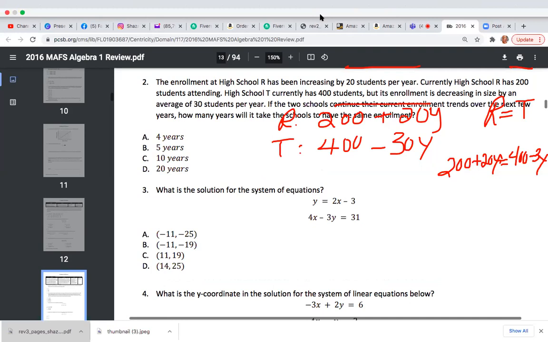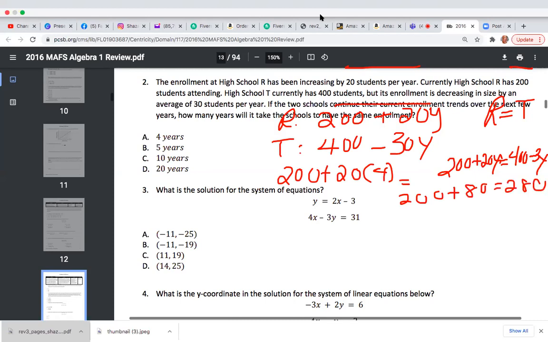So someone said the answer is A. So let's try A, guys. So if it's 4 years, then I'm gonna take 200 and add 20 times 4. So that's gonna give me 200 plus 80. So that's gonna be 280.